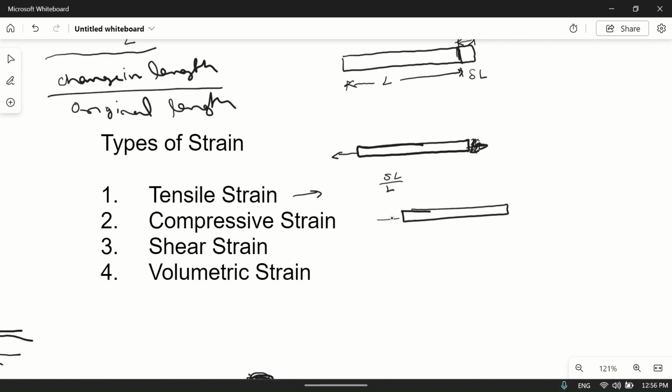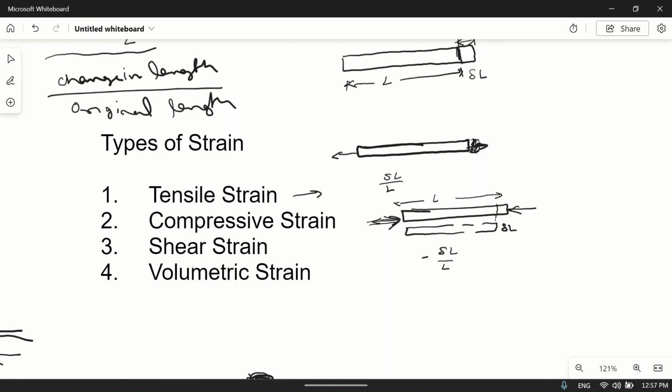Suppose this is the member and we are pushing from both sides, then it will try to reduce its length, it will get contracted. So the final length will be like this. Suppose this is delta L and the initial length was L. So compressive strain will become delta L by L, but negative, in the opposite direction.